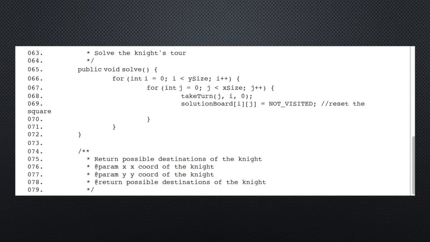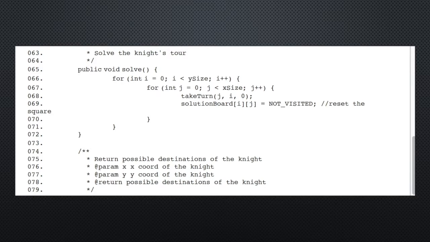Inside this method solve, we will use another nested for loop, again limited by the height and the width, which will be set by the constructor. Inside this nested for loop, it will call a method called takeTurn, which will be implemented later on.